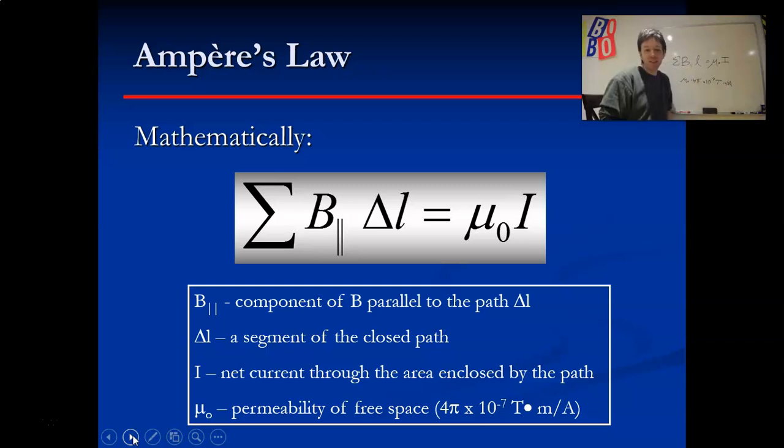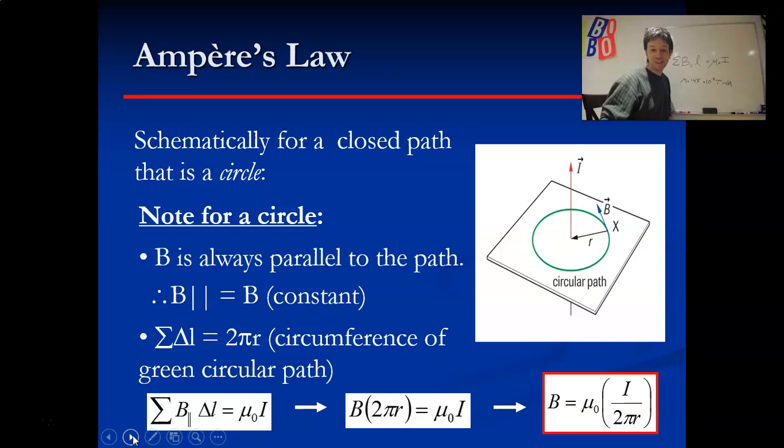Okay, well that's mathematically, but visually, what does this look like? Let's take an example. Let's have a straight wire, and there's a current going through that wire, and just like on this picture here, we have a straight wire with current I. Now I can choose to apply Ampere's law for any enclosed path.